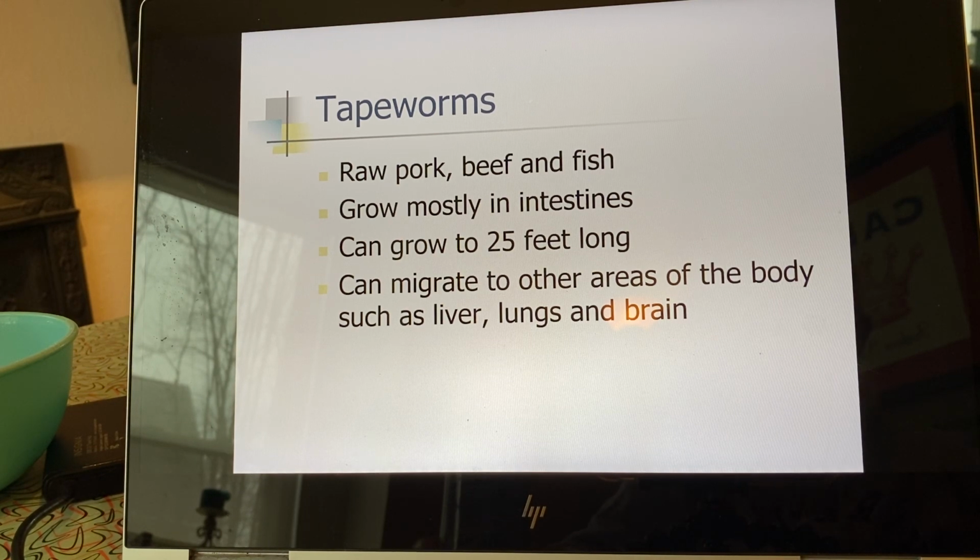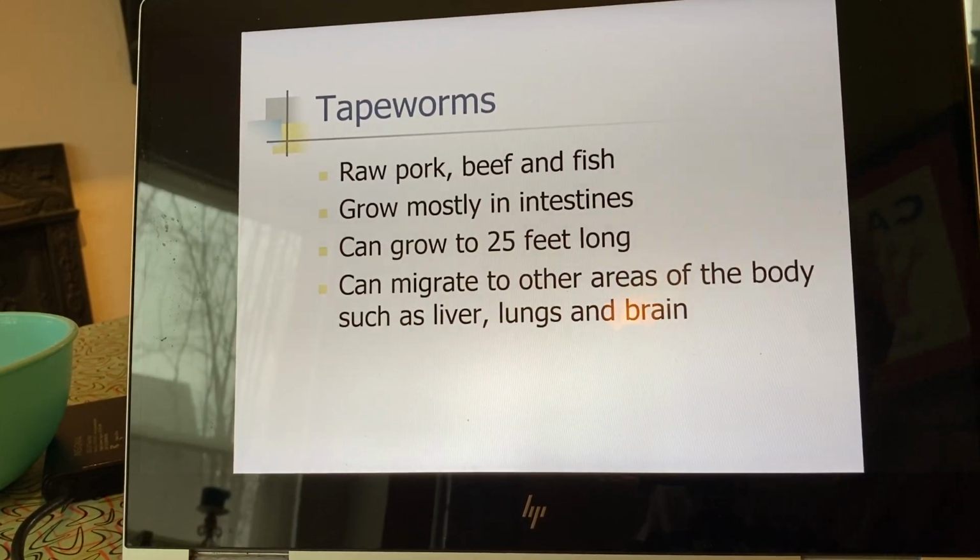The other thing that I really want you to understand about these parasites, especially when it comes to worms like tapeworms, is they are not meant to be in humans because humans do not end up helping them perpetuate themselves in their life cycle.